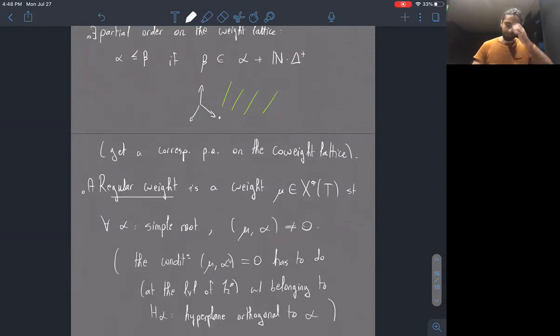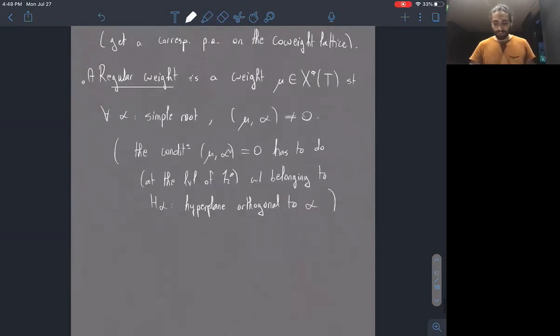And so to say that every simple root pairs in a way that gives me a non-zero integer tells me that I'm away from all of these hyperplanes.